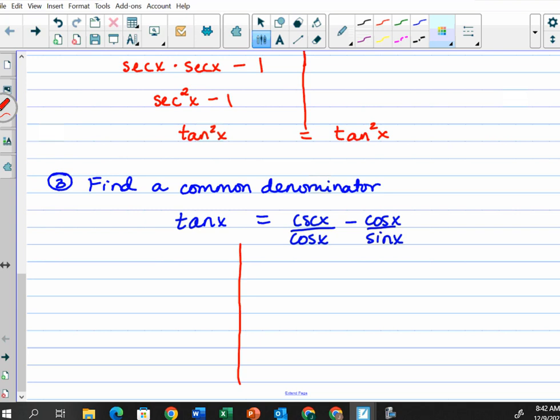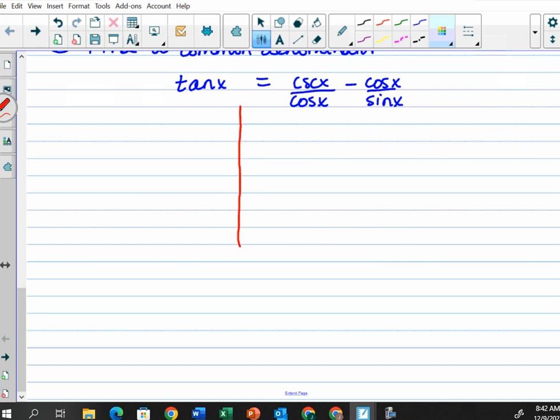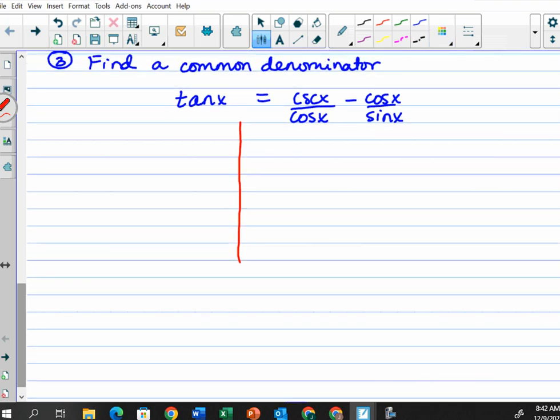My strategy for this one was to find a common denominator. So on the right side, what would your common denominator be?